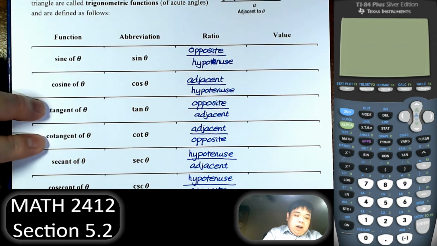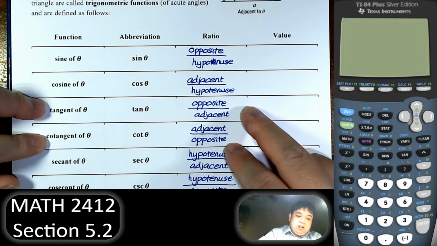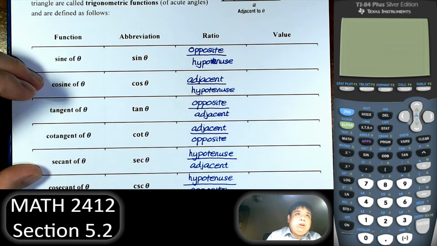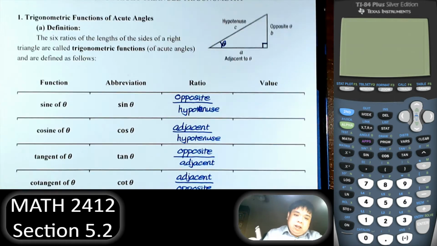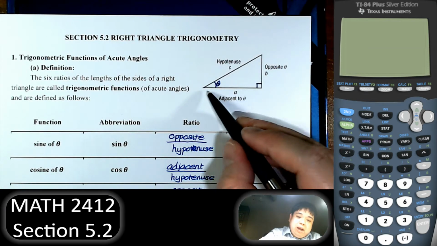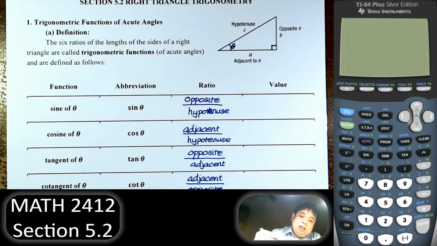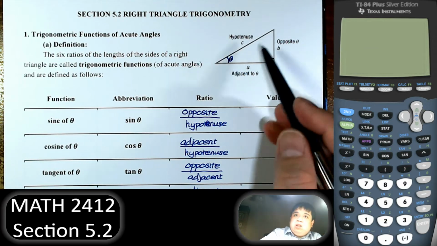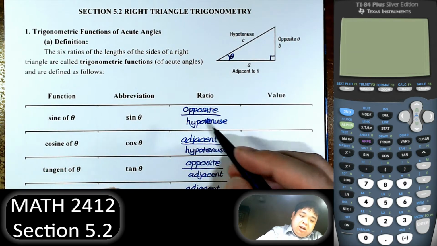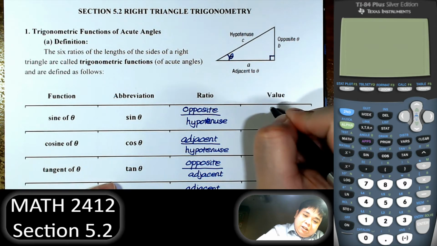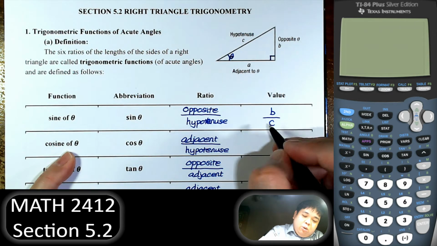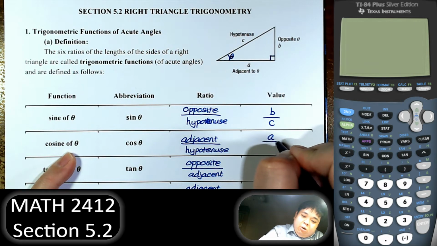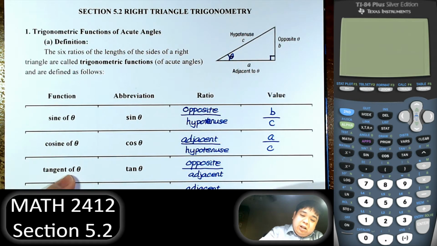So tangent and cotangent are reciprocals of each other, secant and cosine are reciprocals of each other, and sine and cosecant are reciprocals of each other. Now in terms of the triangle ABC, A is adjacent, B is opposite, and C is the hypotenuse. Based on that triangle, sine is opposite over hypotenuse, cosine is adjacent over hypotenuse, and tangent is opposite over adjacent.